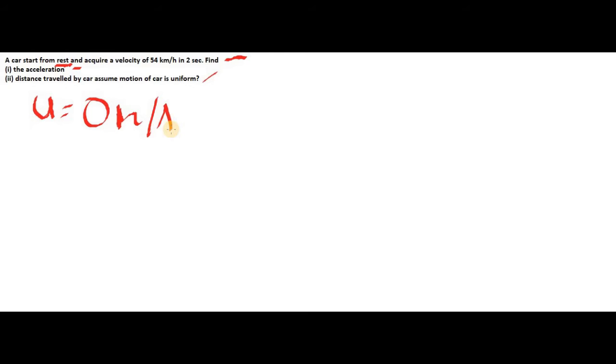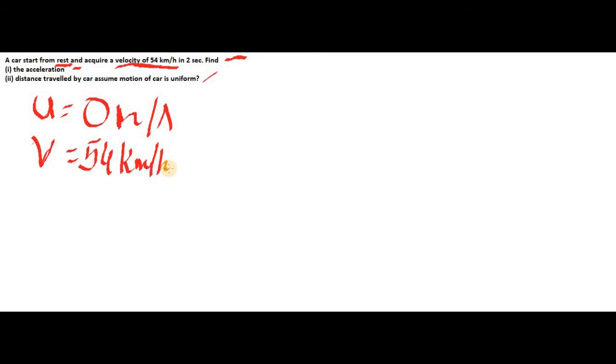The next thing is that here we have a velocity, which is 54 km per hour. So the velocity is equal to 54 km per hour. If you remember, what is the standard unit of velocity?